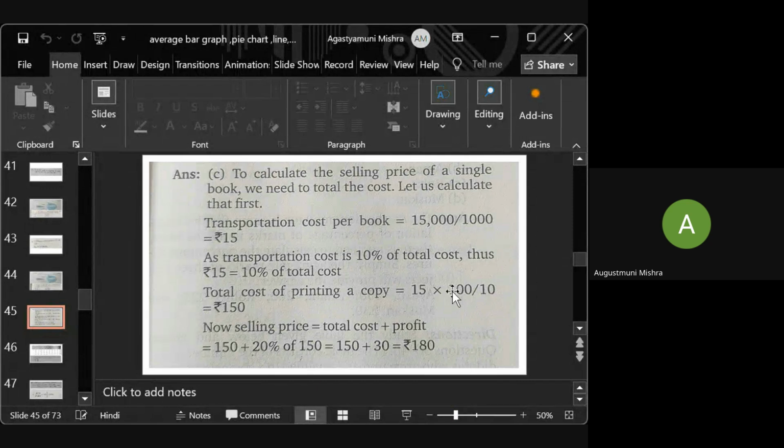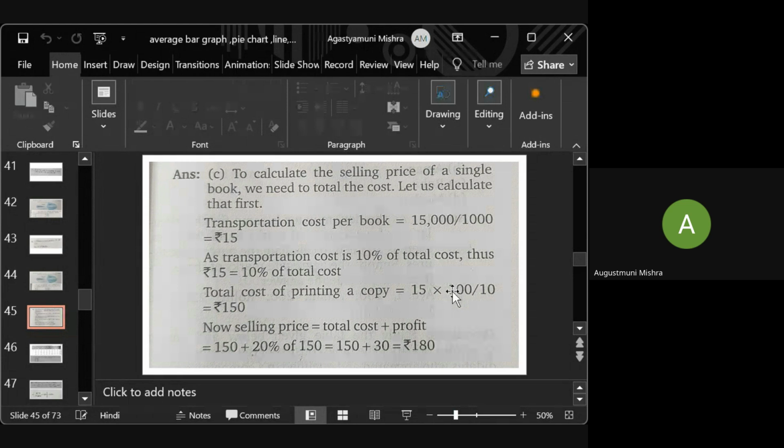You can check the solution. Now, I think that is also a very basic question. By using the unitary method, they calculated the cost of transportation per book. Then they calculated the 10% of total cost that is of transportation, thus the total cost of printing a copy. Then after receiving that, I think the total cost is 150. Okay. They applied the given information in the equation. You will get the unit.